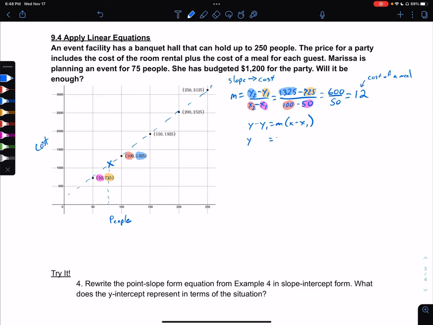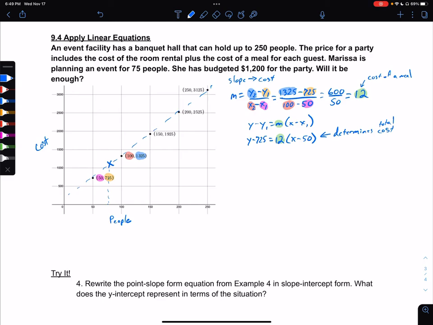My m value is 12. I can plug that in. I can choose whatever point I want for my x1, y1. I'm just going to use the smallest numbers. So y1, I'm going to use 725. And x1, I'm going to use 50. Okay, so this is the formula to determine cost.